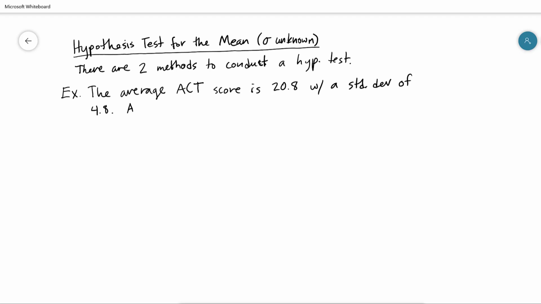And there's a company that's an ACT test prep company that tutors students. They claim that students coached by them have a higher average score.